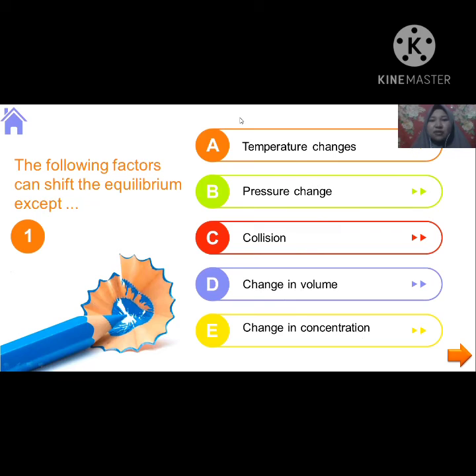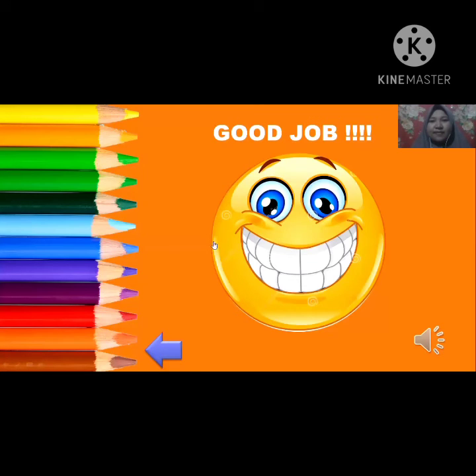So students, what do you think? What is the answer? We have explained before that there are four factors that can shift the equilibrium. So what do you think? Yes, C, collision.